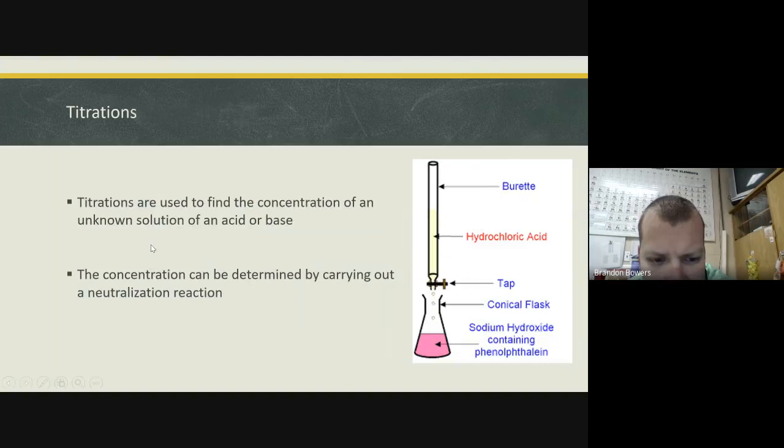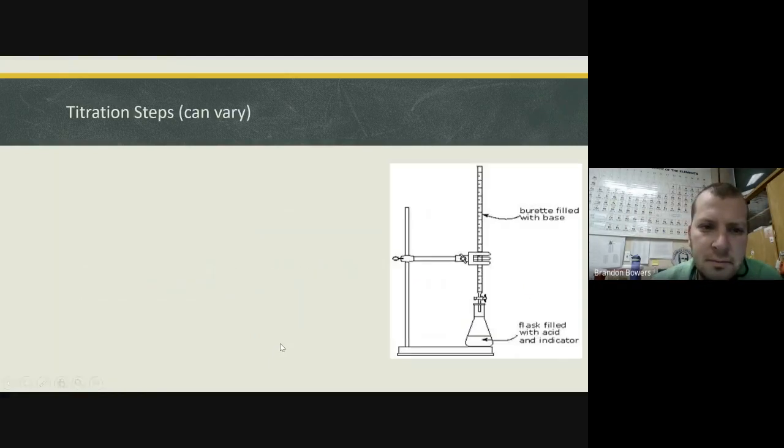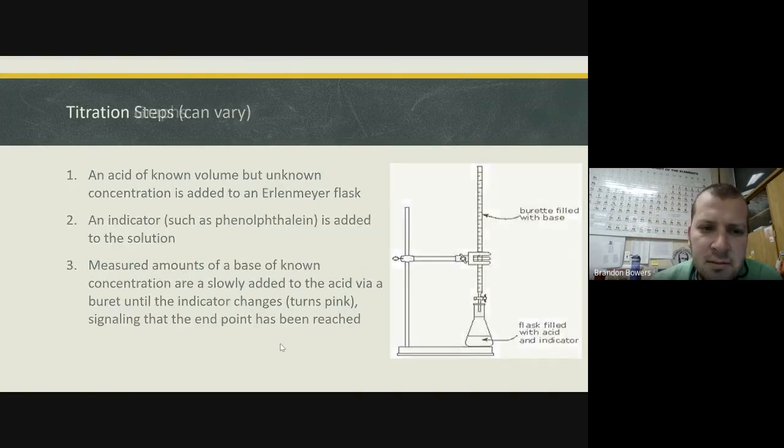We've been covering neutralization reactions this past week. We've been talking about how acids and bases create water and salt. So there are multiple steps. An acid of a known volume but an unknown concentration is added to an Erlenmeyer flask.